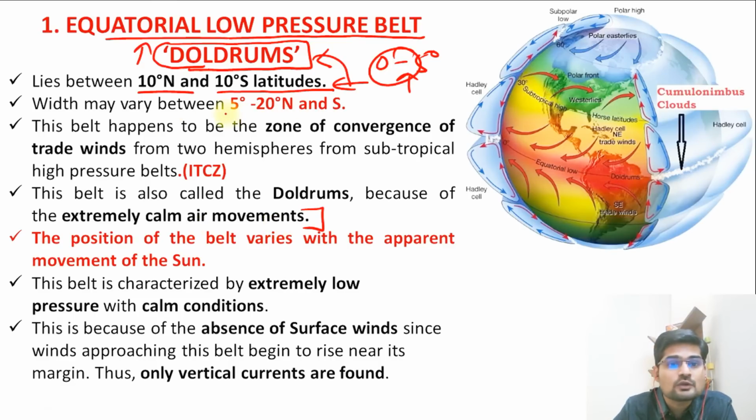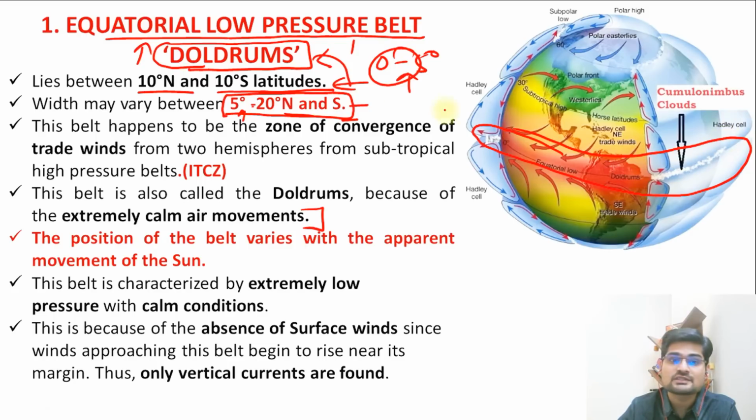Now its width also keeps varying. Remember, this is because of the pressure changes. So the variation range is about 5 degrees to 20 degrees north and south. And this particular belt is also known as the intertropical convergence zone, ITCZ. Why? Because there is a convergence of the winds from the northern side and the southern side in this particular belt, right?